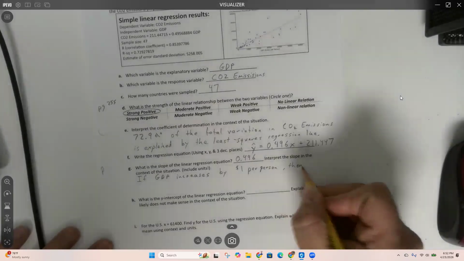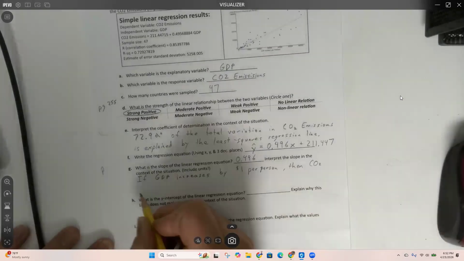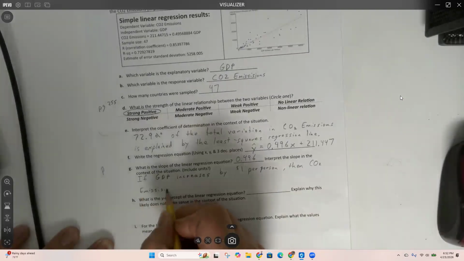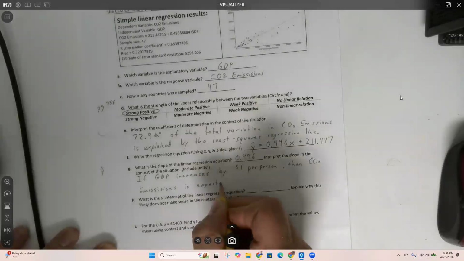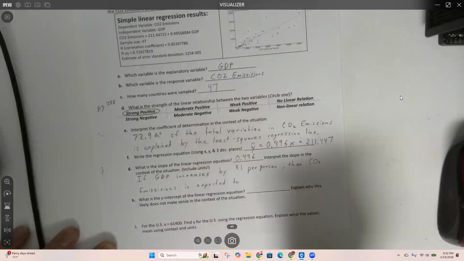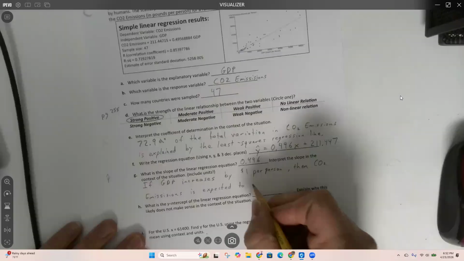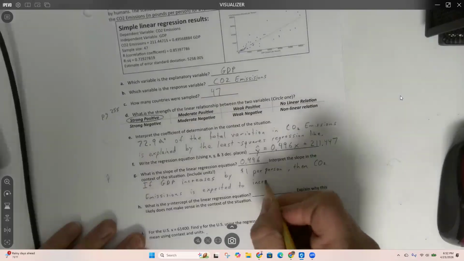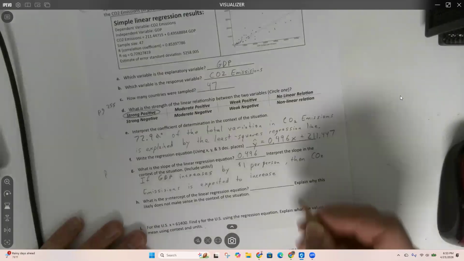Then Y, which is CO2 emissions, is expected to increase or decrease. Yep, it says increase because it's a positive slope and a positive correlation coefficient.